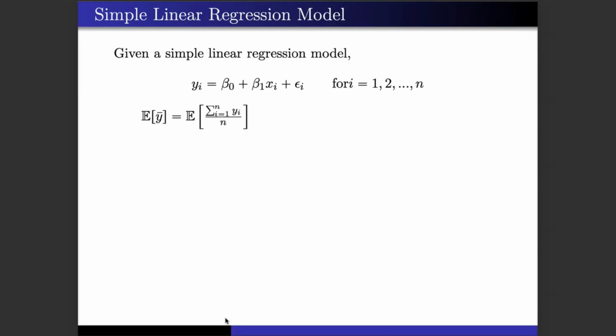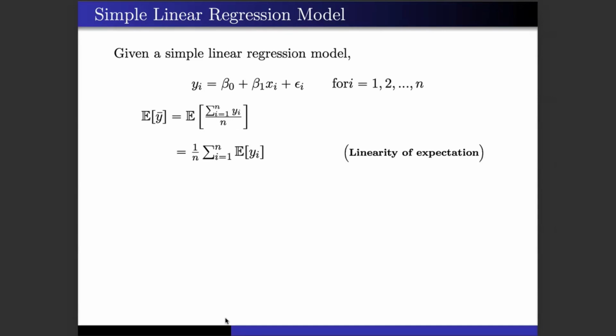So what is expectation of y bar? Given n observations, we would have n different values of the dependent variable. And y bar is the average. So y bar equals summation i going from 1 to n yi divided by n.